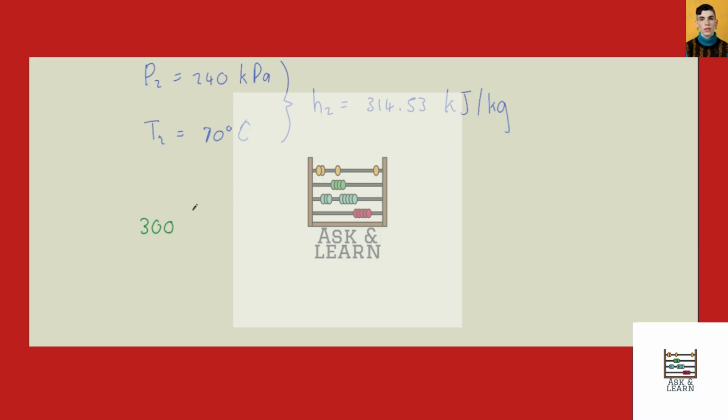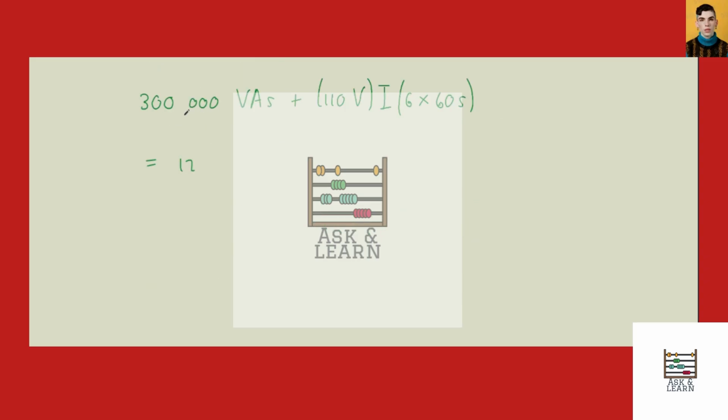So if we substitute our values in, we get 300,000 volt-ampere-seconds, plus 110 volts times I times 6 minutes, which is 6 times 60 seconds, is equal to the mass of the vapor, which is 12 kg, times the change in enthalpy, which is 314.53 minus 247.32 kilojoules per kg.